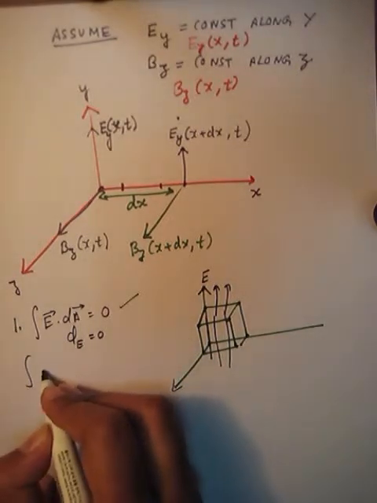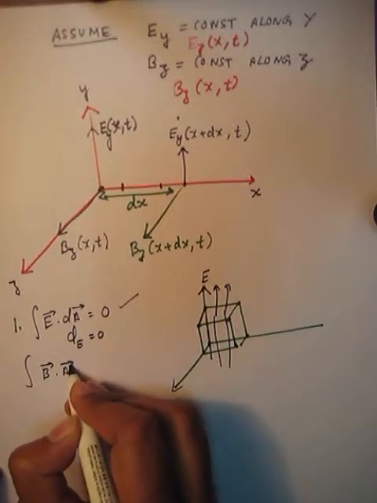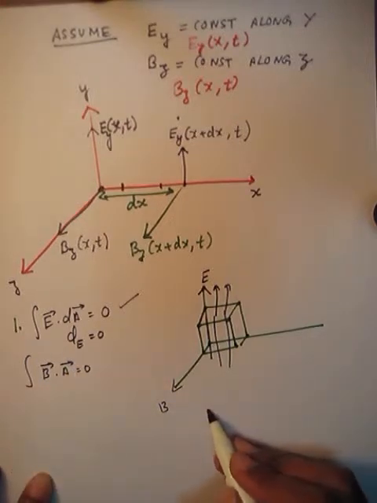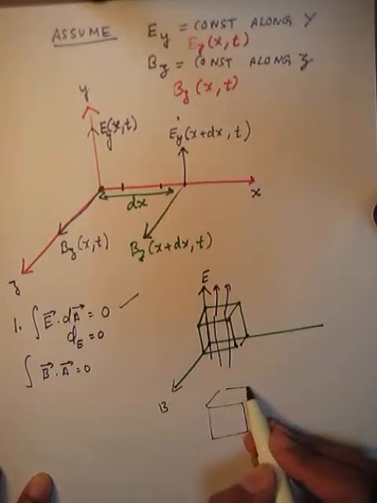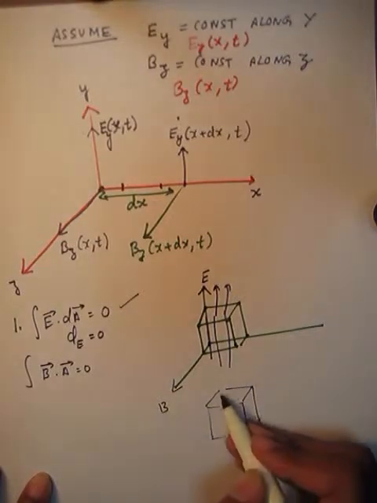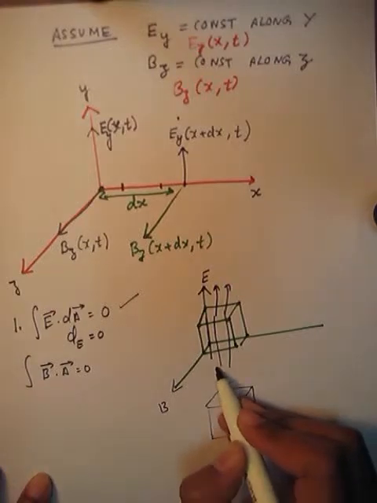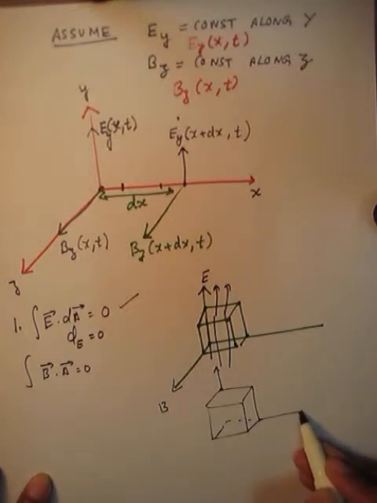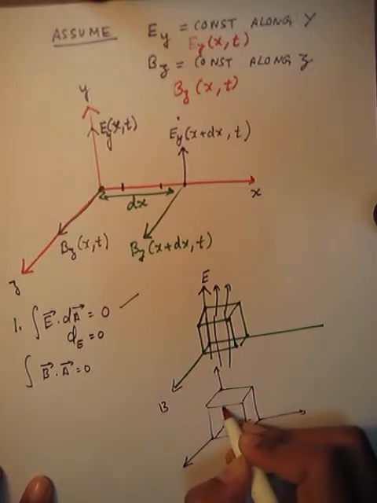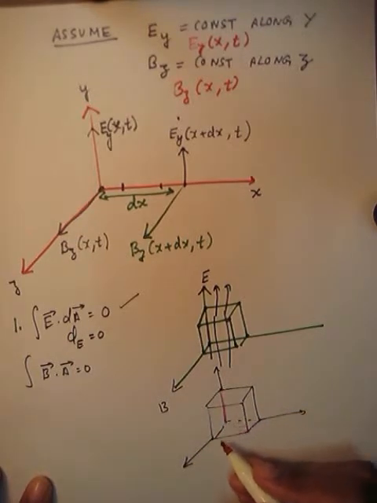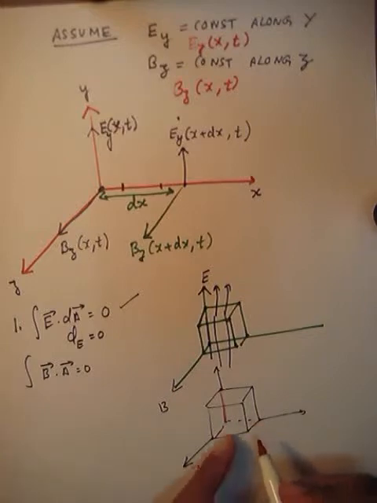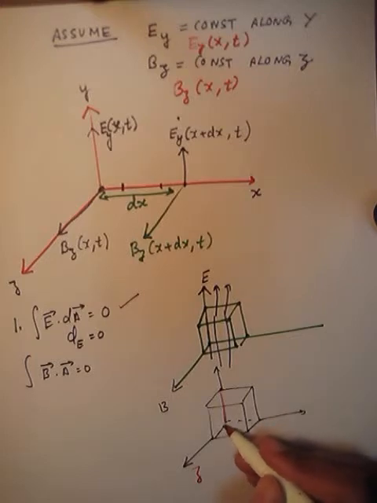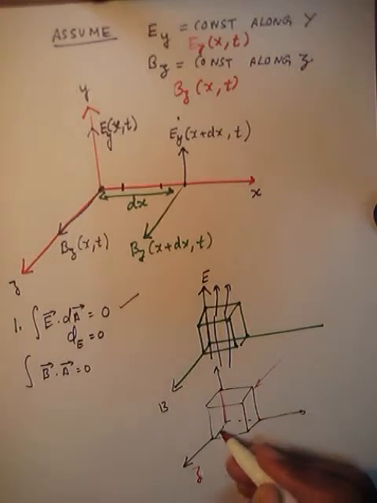Similarly, if we have the integral of B vector dot dA vector is equal to 0, then the magnetic field is in the z-axis. So the magnetic field is perpendicular to the area and it is entering from this side and leaving from this side.